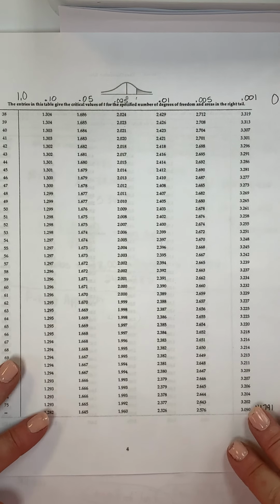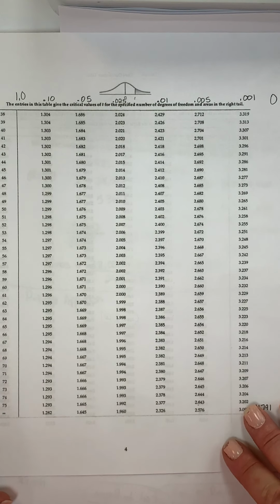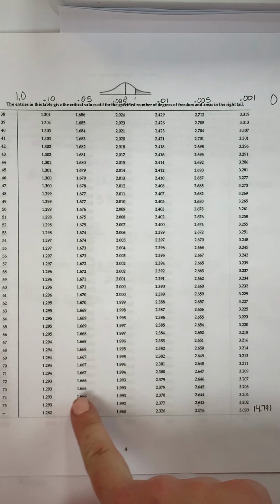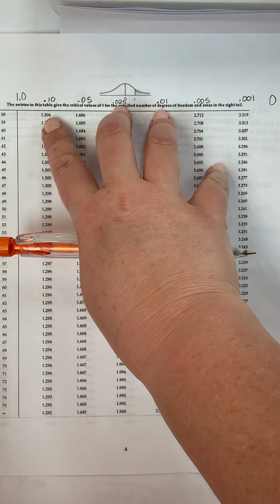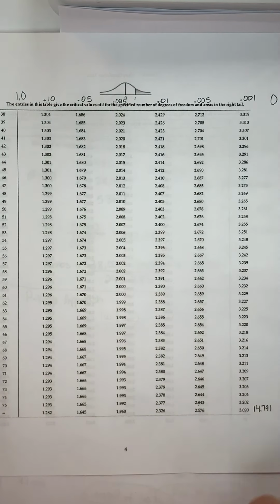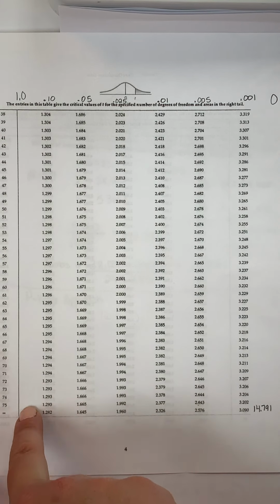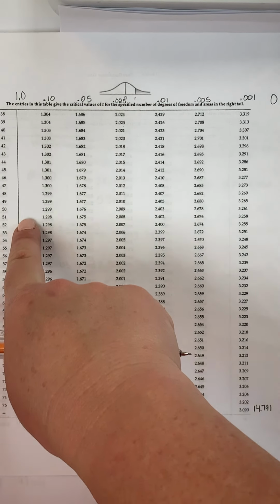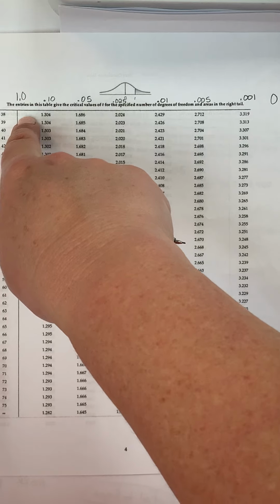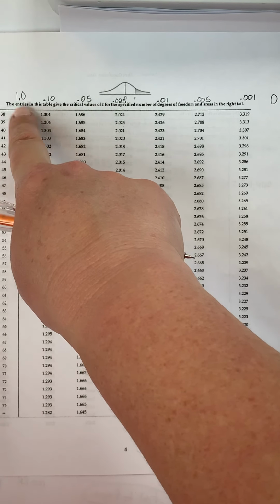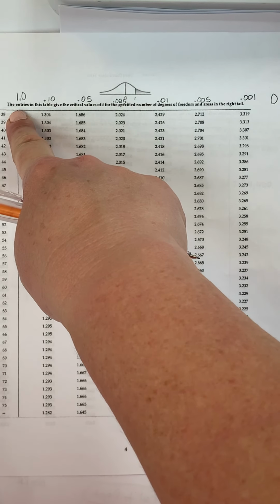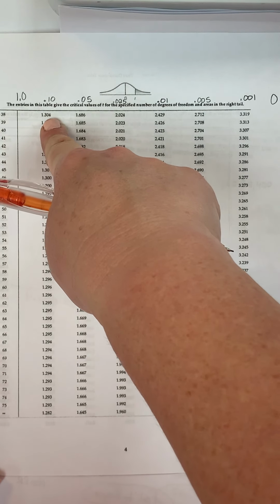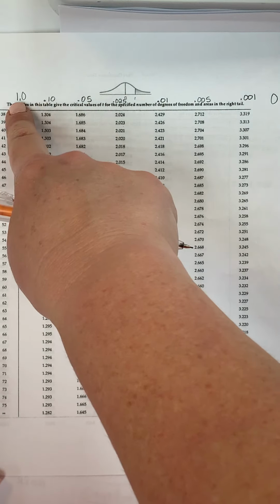0. So if your T observed value falls in between a column, perfect. You just go right up and take these given values. If your T observed value falls right here in this very first column, your two areas are right here. It doesn't tell you 1, you're going to have to know it's 1. Between 1 and 0.1. You have to switch those to the bigger, then the smaller.